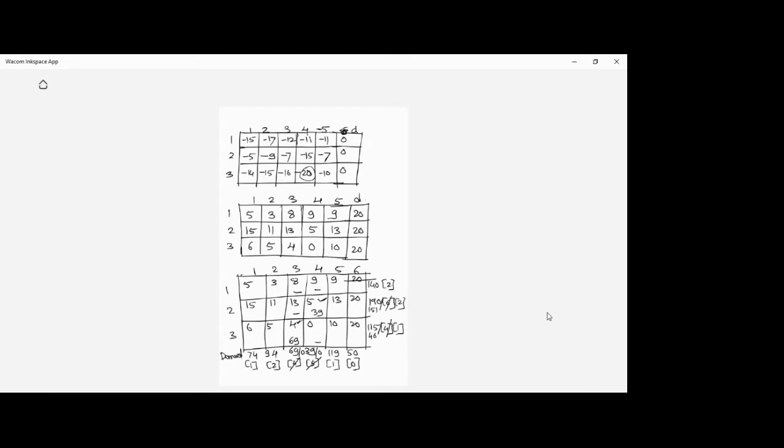So the maximum penalty is observed in three particular instances, right? So for row number 1, the penalty is 2, right? 5 minus 3 is 2, and we can do the allocation here.